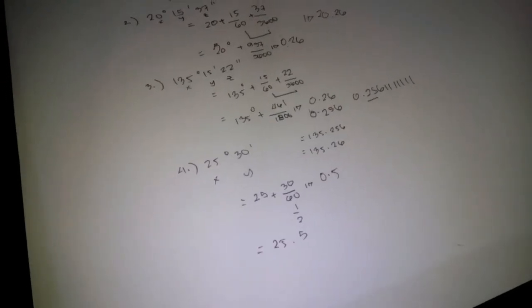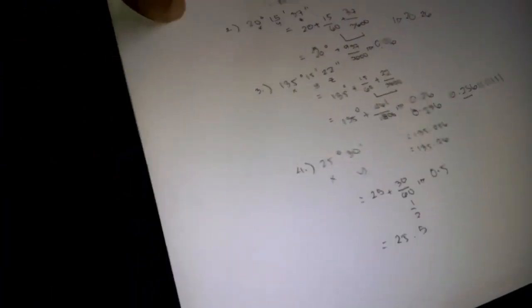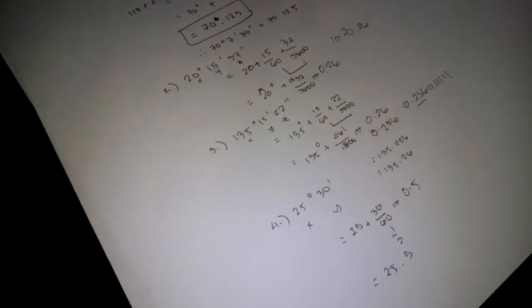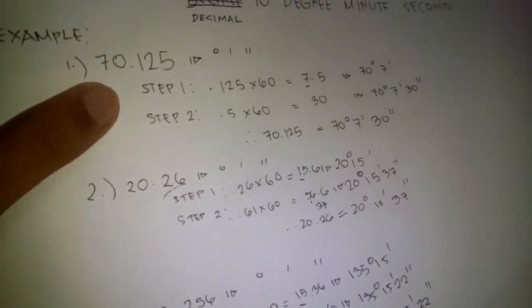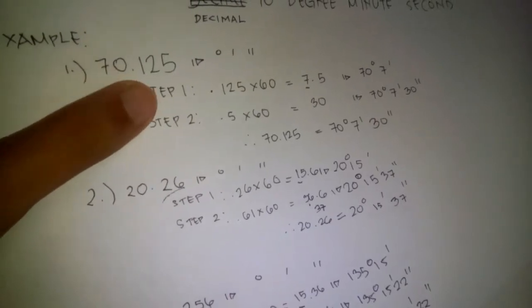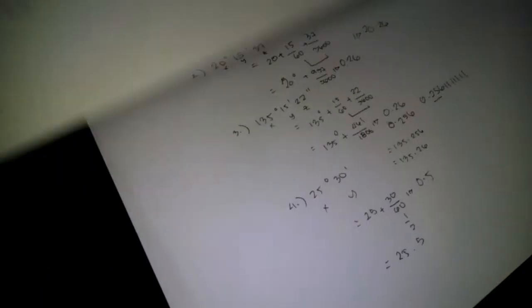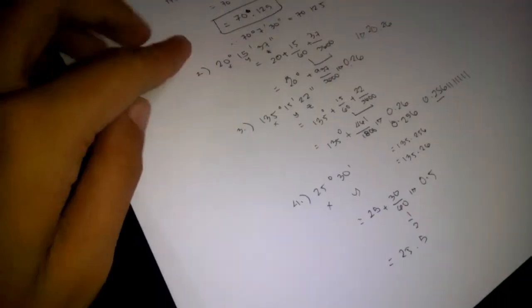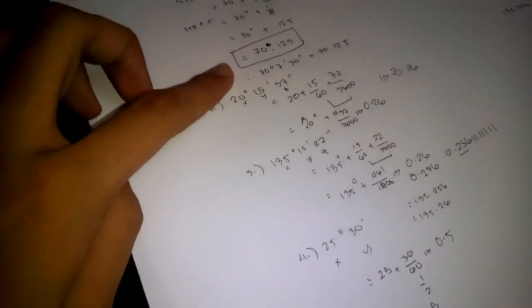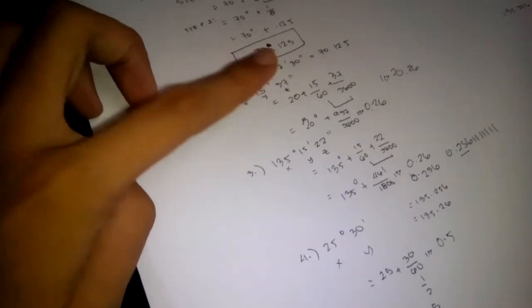So let us check. On our last topic, the given is 70 and 125 thousandths, and our answer in the first example is 70 and 125 thousandths.